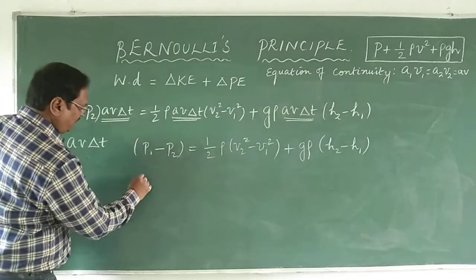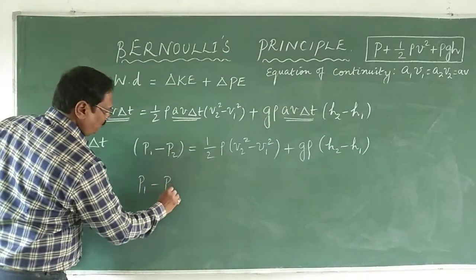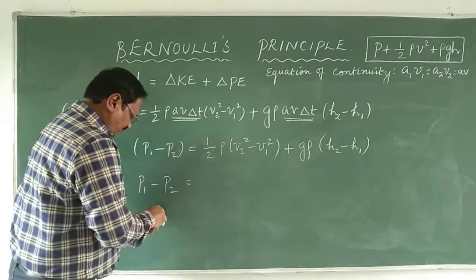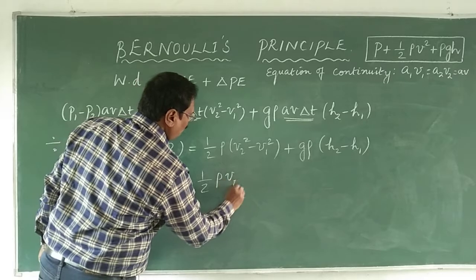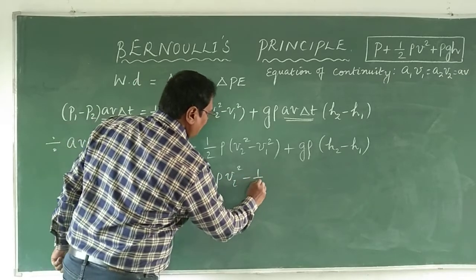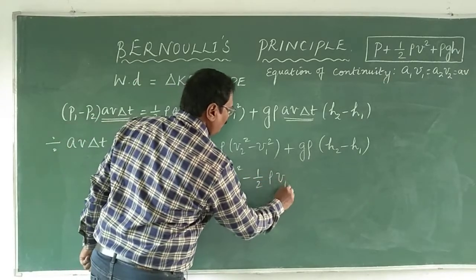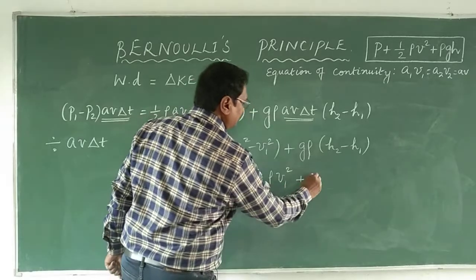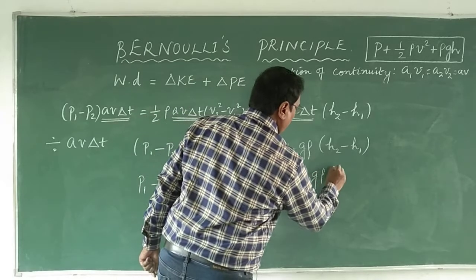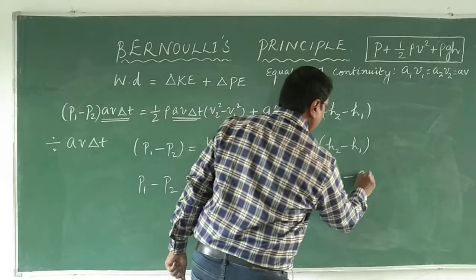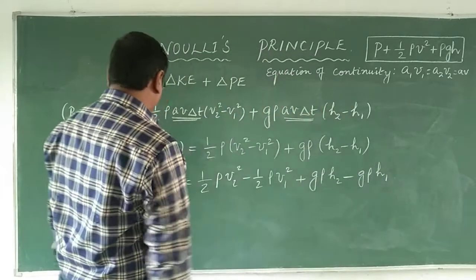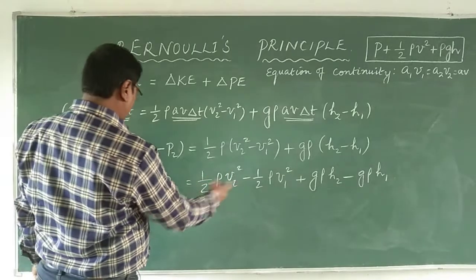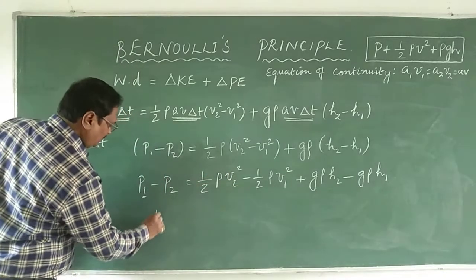Now we will spread it. P1 minus P2 is equal to half rho V2 square minus half rho V1 square plus G rho H2 minus G rho H1. Then I think we can collect like terms together.